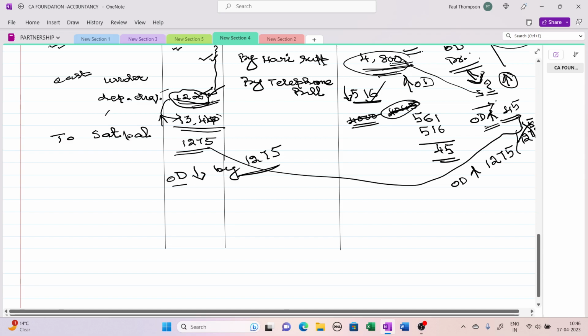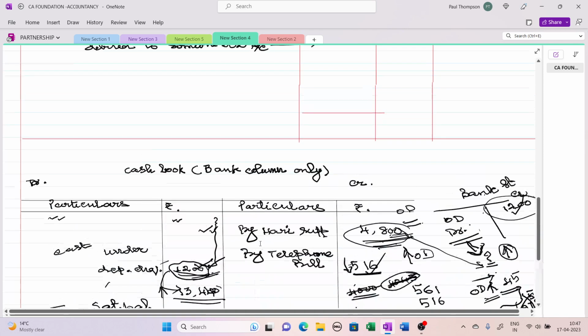But as per the cash book, because I have deposited this amount into the bank, I do not know this check has got dishonored, so this is not reflected in my cash book. The moment it got dishonored, I would have taken it to this side. Automatically, my overdraft would have increased. But I did not know, so I didn't take it to this side. So my overdraft is less in my cash book by 1275, but in my bank statement it will be more because it got dishonored.